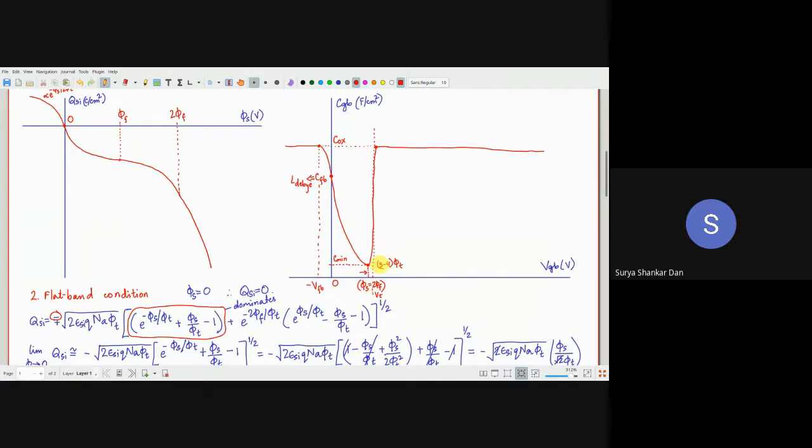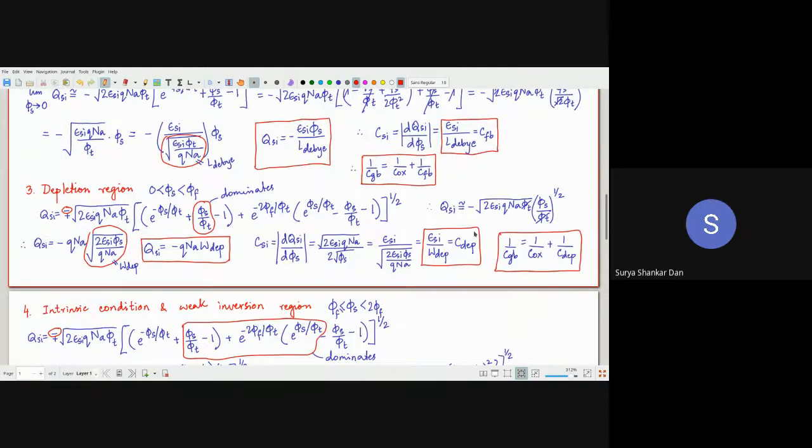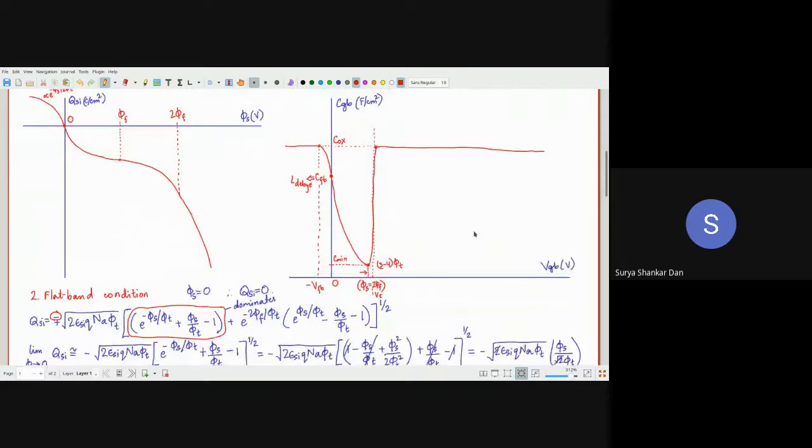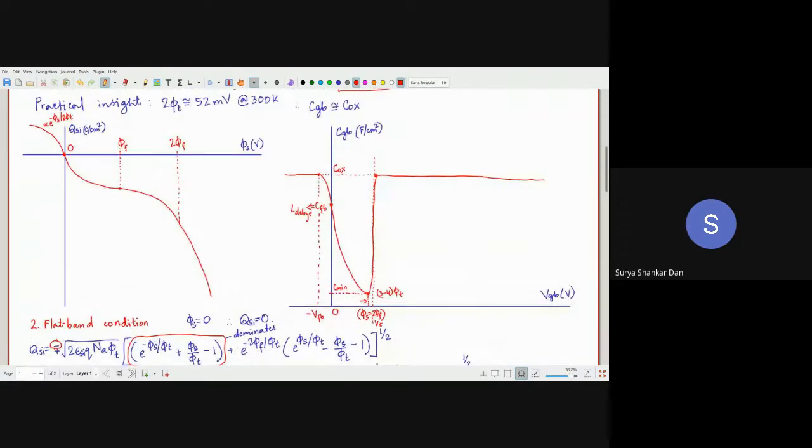Okay. So in the textbooks, what you will find is they usually plot in terms of the mod value.